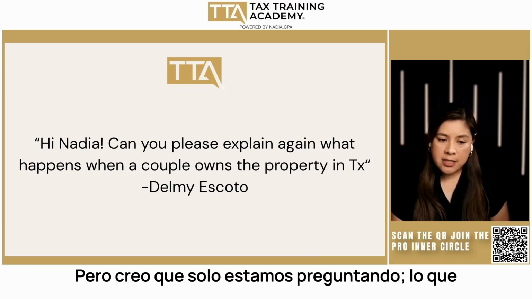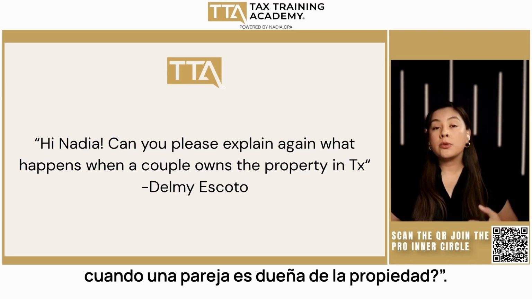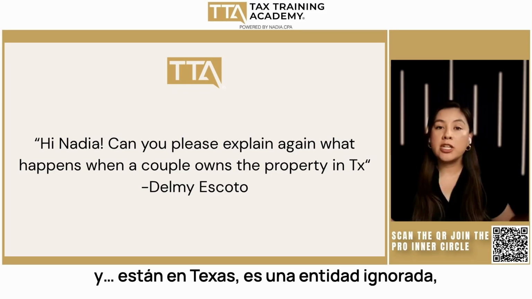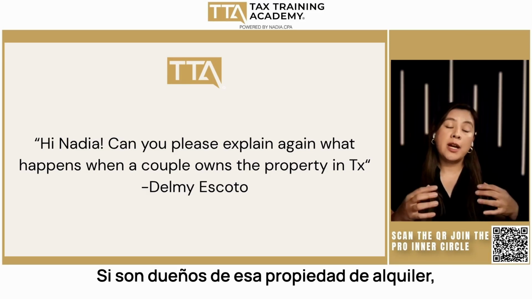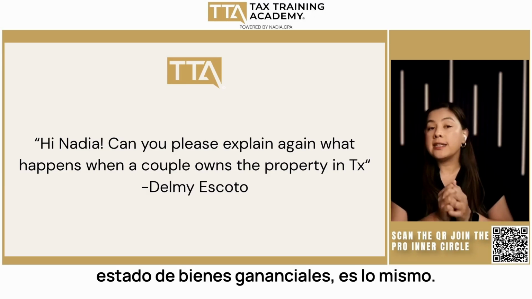But I think we're just asking, can you please explain again what happens when a couple owns the property? And so, yes, if they own the property together and they're in Texas, disregarded entity, Schedule E. That's a rental property. If they own that rental property and they're husband and wife and they're not in a community property state, the same thing.